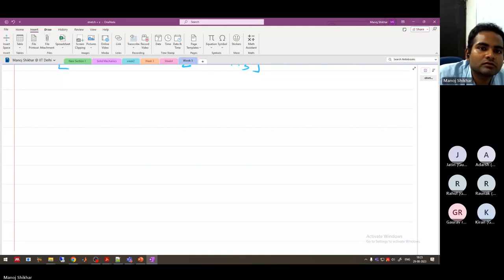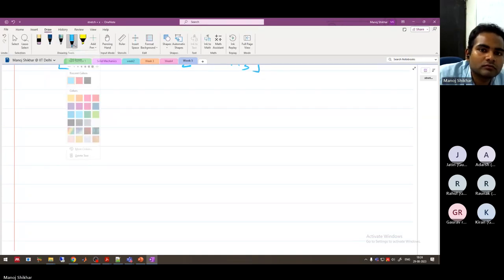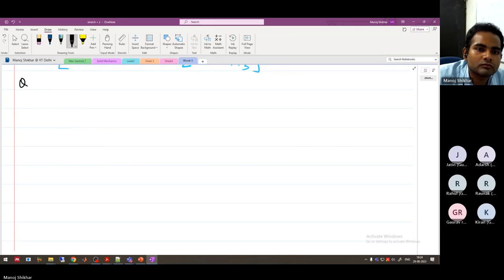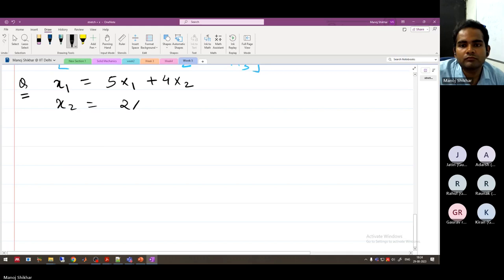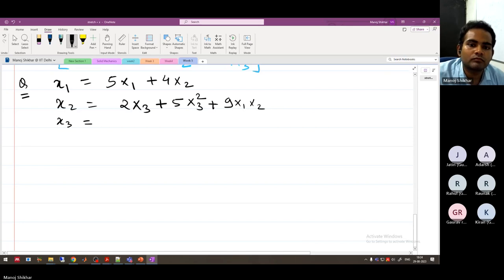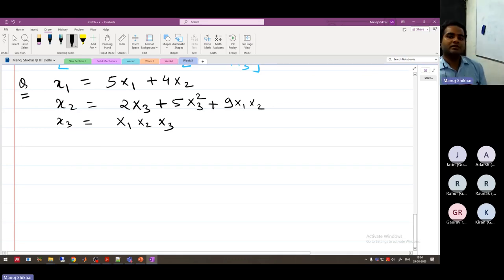Suppose we are given this deformation map.